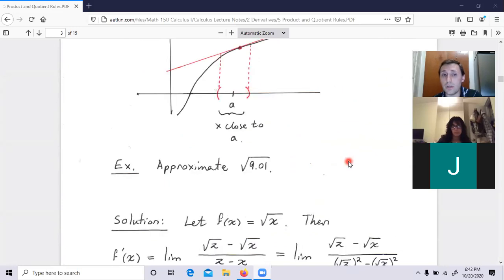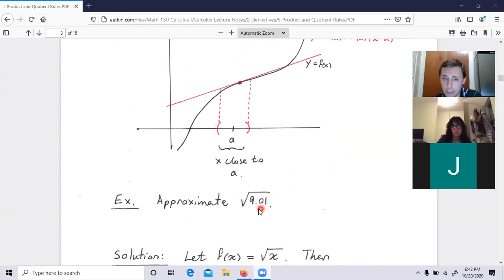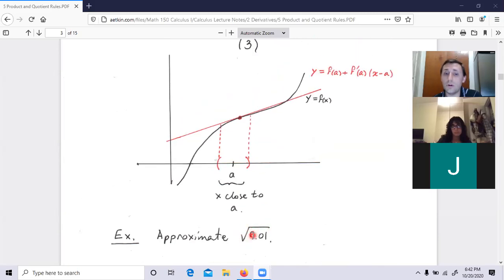Let me show you how that is supposed to work in practice. So let's say that we want to approximate root of 9.01, using this linearization idea. So what does it look like to you? Well, it looks like 9.01 is really close to 9.